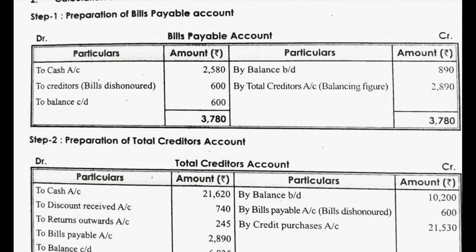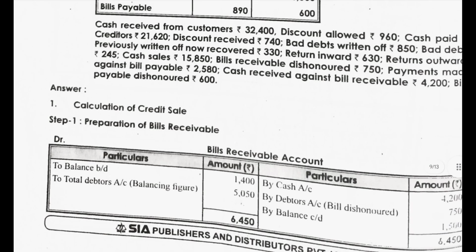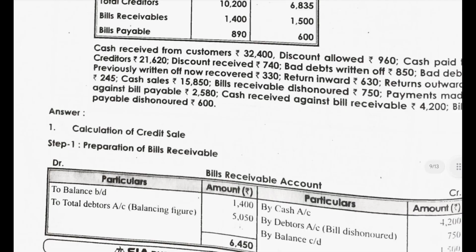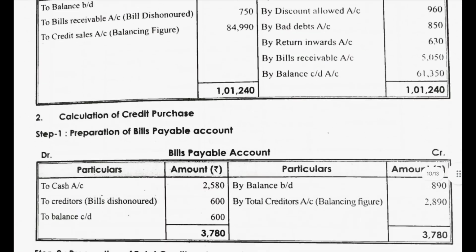Now to cash, creditors amount it is given, and bills dishonored. From this information, cash paid to creditors is there, so by to cash you have to take it on the debit side.